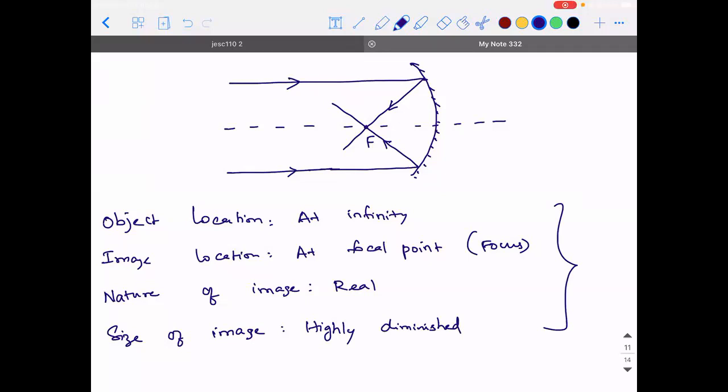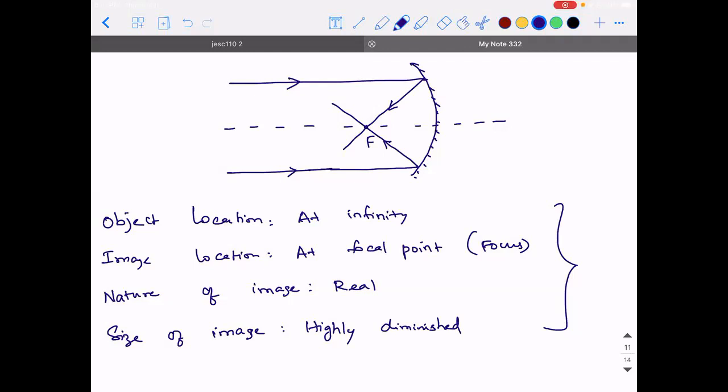So where is the object placed? They can ask you a one mark question like this. I repeat it. An object is placed in front of a concave mirror in such a way that the size of the image formed is highly diminished. So where is the object placed, guys? At infinity. So you should always have the reverse analysis also. Don't go in a straight manner, go in the reverse also. Okay.